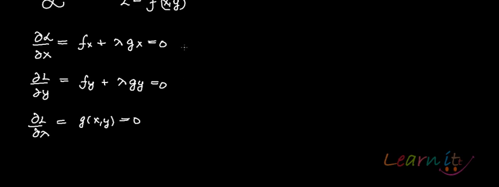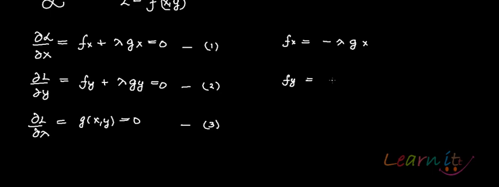So these are the 3 conditions that you have, 1, 2 and 3, and you will simultaneously solve each of them. In case you solve the first and second, what you will get is fx equals minus lambda gx, and here you will be getting fy equals minus lambda gy.